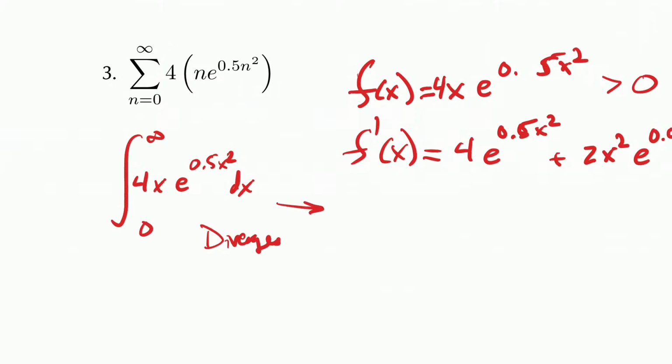Okay, I'll show you. So this will be 4e to the 0.5 x squared evaluated from 0 to infinity. So it's the infinity that's the problem. When you put infinity into here, it's too big. It blows up. So the limit as x approaches infinity is infinity, so this one diverges.